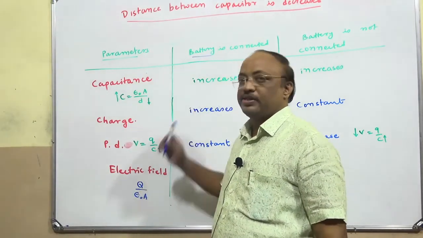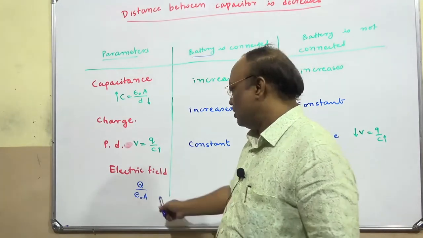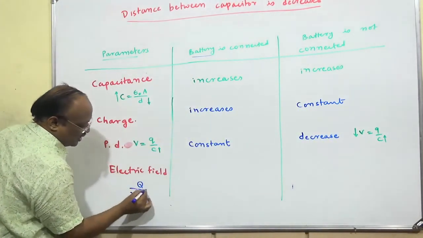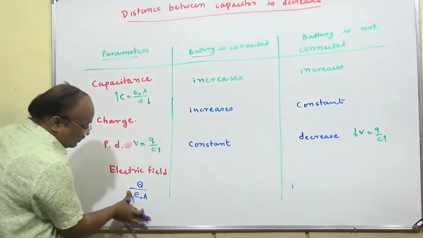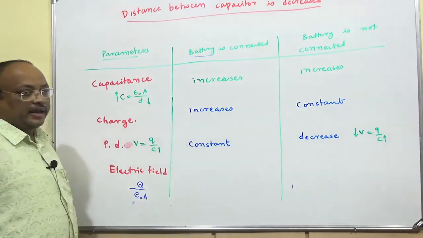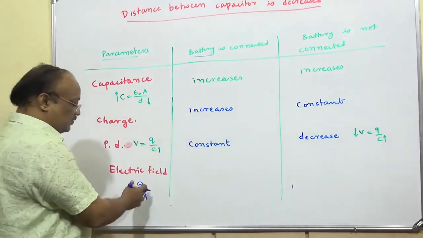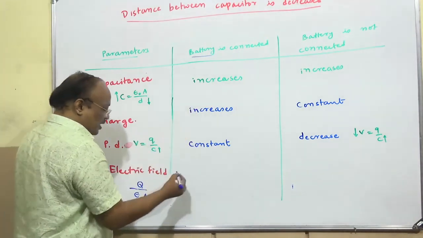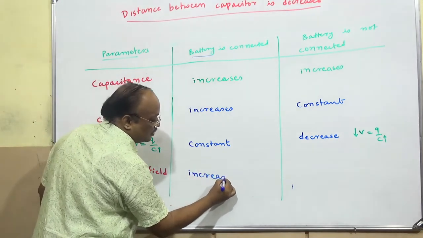Charge is increasing. Even for this, 2 epsilon naught A also you can use, because it is epsilon naught A only. It is Q by epsilon naught A. Charge is increasing, and we are not changing the area of it. So therefore, electric field also increases.